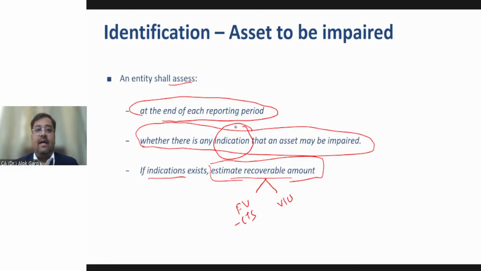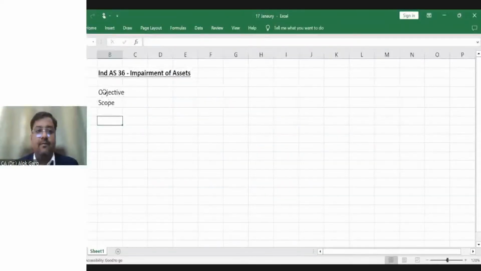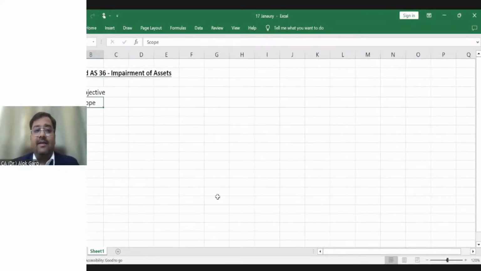So friends, I am sharing my Excel file, and please let me know if it is visible. We are discussing Ind AS 36, Impairment of Assets. We have discussed the objective, and we have discussed the scope.